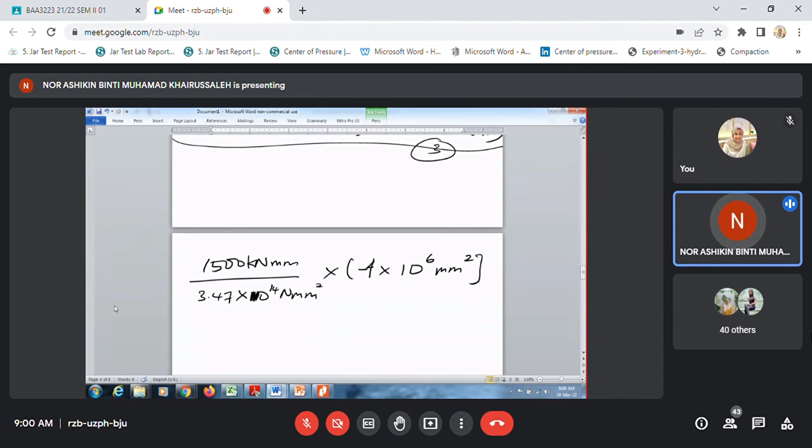So others got the same answer, right? So what's the value now in millimeter? Doctor, I got negative 0.017. Negative 0.017. Okay, so very, very small.